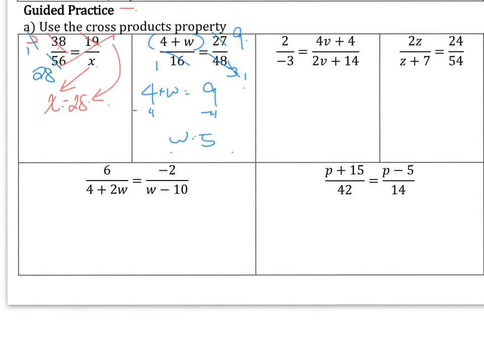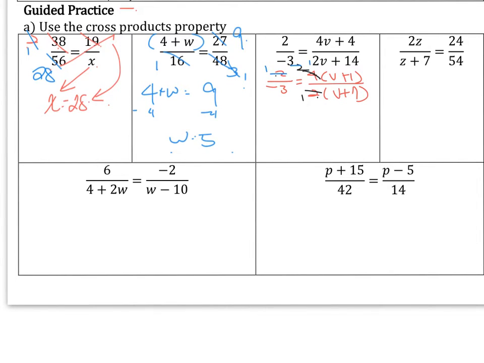And let's look at the problem to the right. We can first take out the 4 by the distributive property, and the 2 in the denominator. And then I can simplify 4 and 2, and 2 with 2.